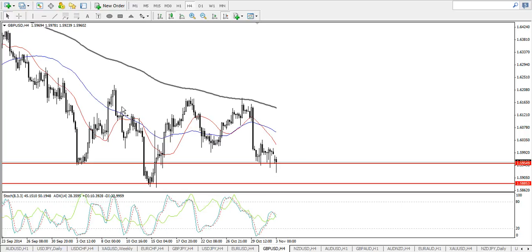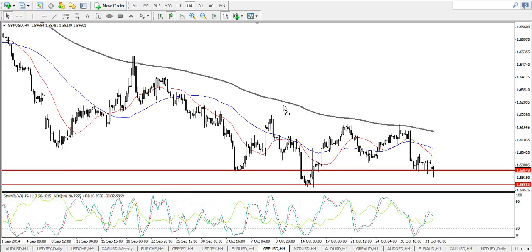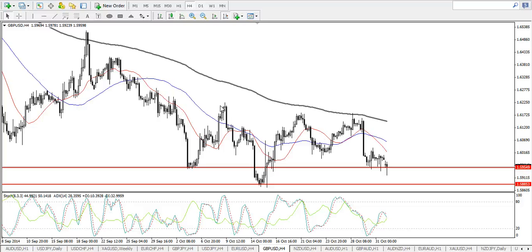But anyway, the overall trend that we are looking at is definitely a downtrend, because if we look at the monetary policy itself, most traders have bet on the Federal Reserve to raise interest rates earlier than the Bank of England.